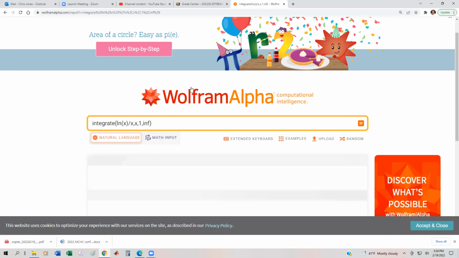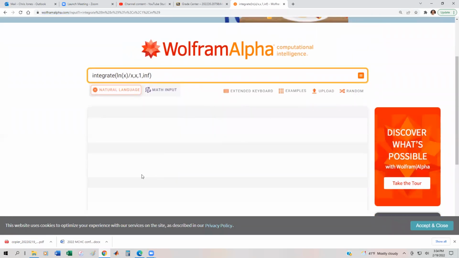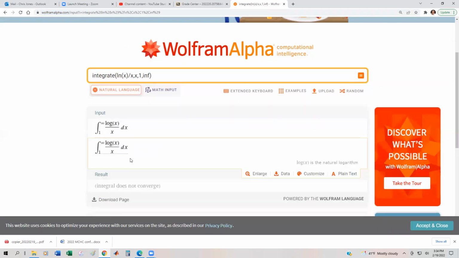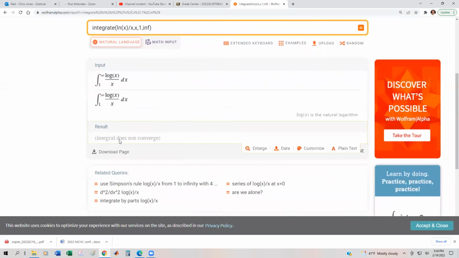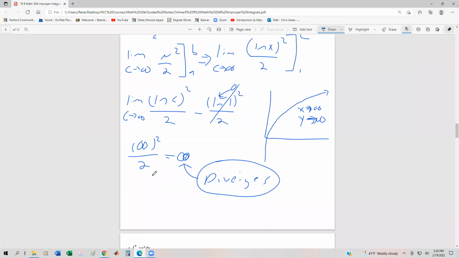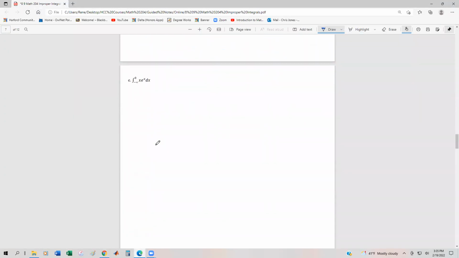We just hit enter, and what you'll notice is that eventually it's going to say this integral does not converge. So be wary of that. We haven't necessarily seen any examples that do diverge, but this is one of them. That doesn't mean that every single integral with an infinite limit diverges.